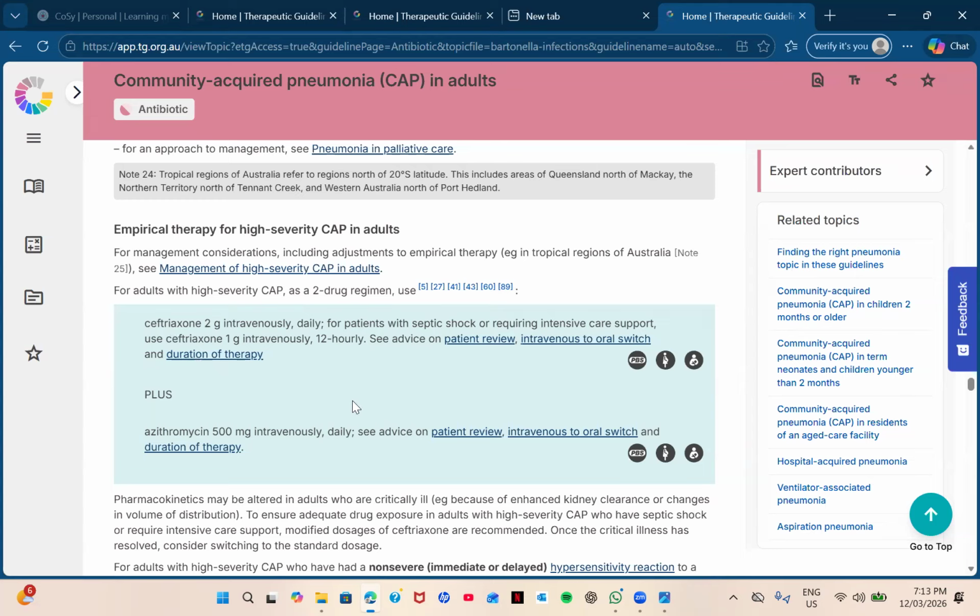Ceftriaxone plus azithromycin. So tell me another case where we are using this combination, ceftriaxone plus azithromycin. Tell me, doctors, where we are using this combination. Yes, gonorrhea, right? I told you that day also.